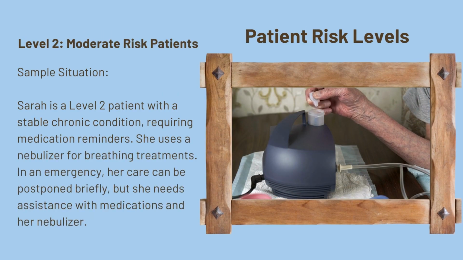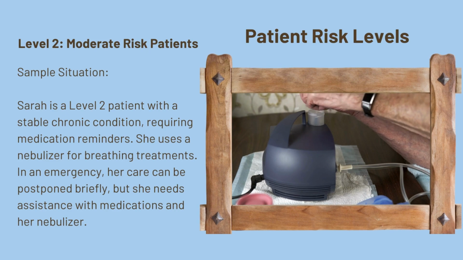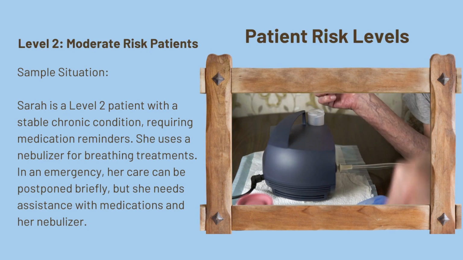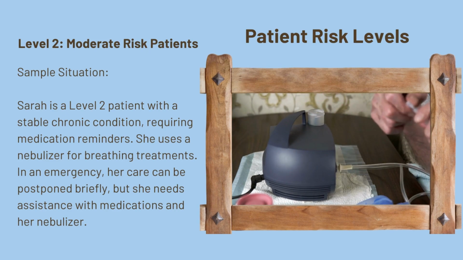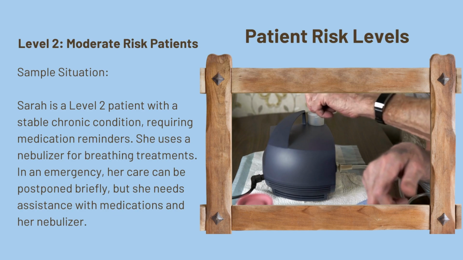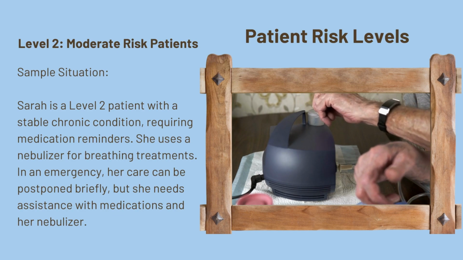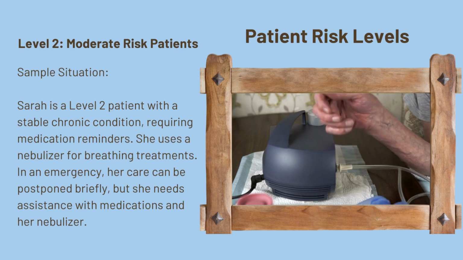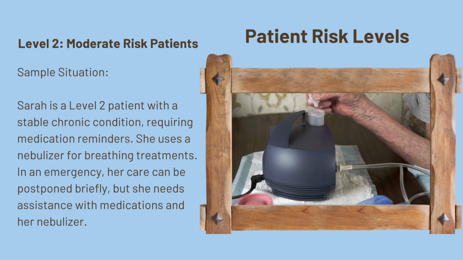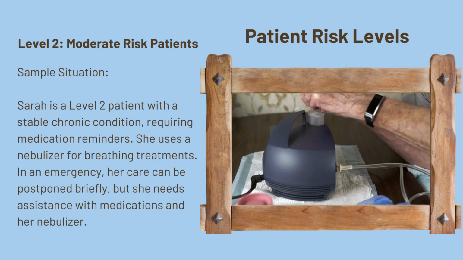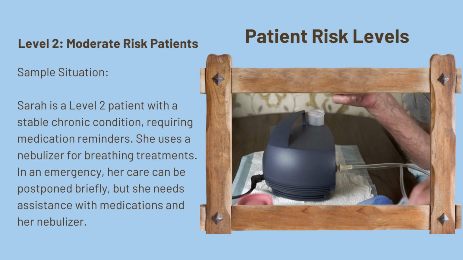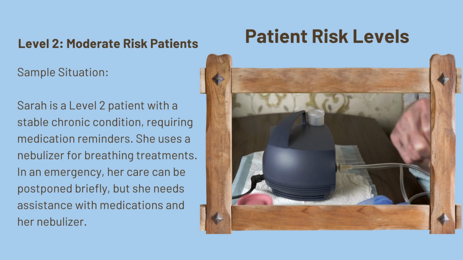Level 2 moderate risk patients. These patients need assistance but can manage temporarily. They may use assistive devices or are stable with medical equipment. Examples include those stable with medication administration, reasonably managed chronic diseases, and visits that can be postponed for up to 3 days without harm.